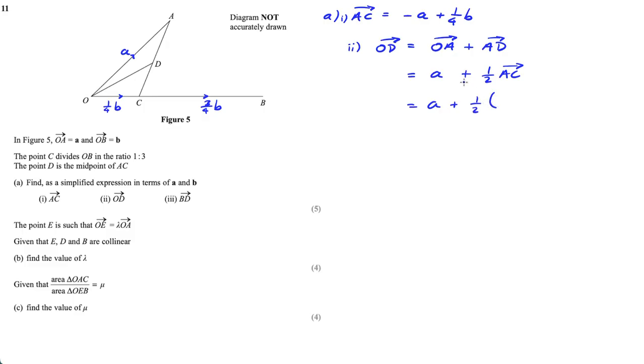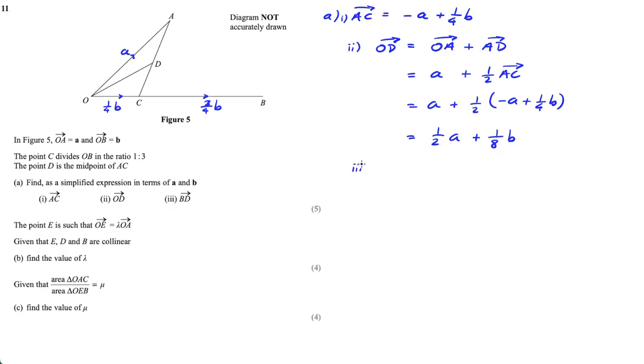I have AC, it's minus A plus 1/4 B, and this is equal to A minus a half A, which is a half A, and then plus a half of 1/4 B, so half times 1/4 is 1/8, so that's plus 1/8 B.